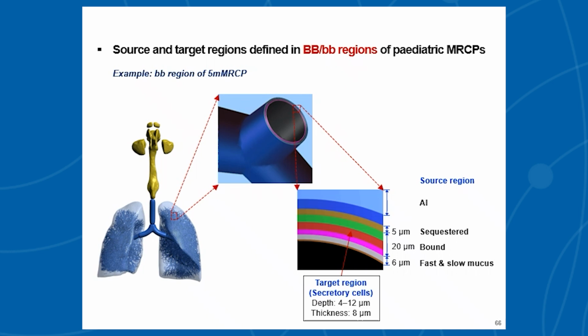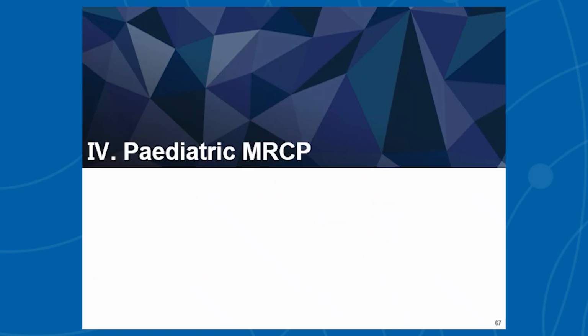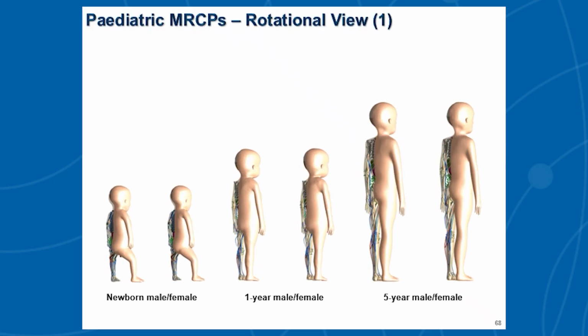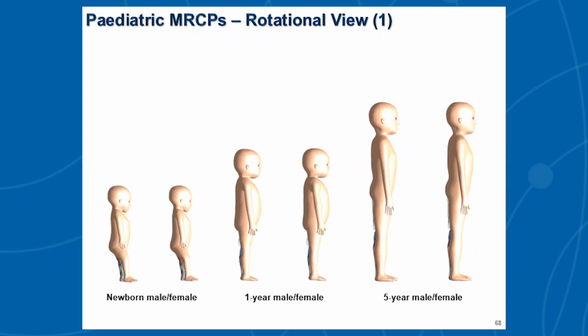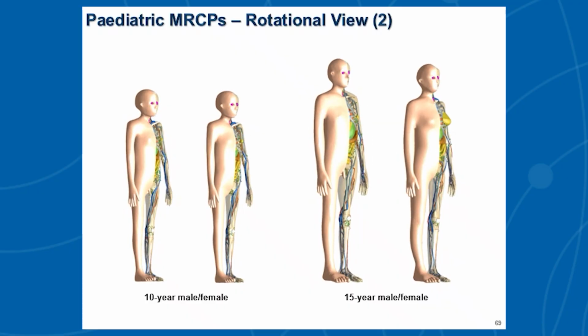Now let me briefly go over the key features of the developed pediatric mesh phantoms. Here are the completed mesh phantoms for the newborn, 1-year-old, 5-year-old males and females, and 10-year-old and 15-year-old males and females.